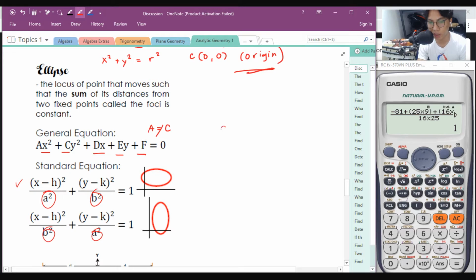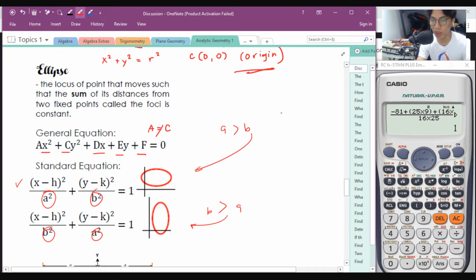Dapat dito, kapag ang A is greater than B, ibig sabihin, the major axis is at X. Okay? Kapag naman ang B is greater than A, patayo yung ellipse mo. Okay? Semi-minor and semi-major axis yan.